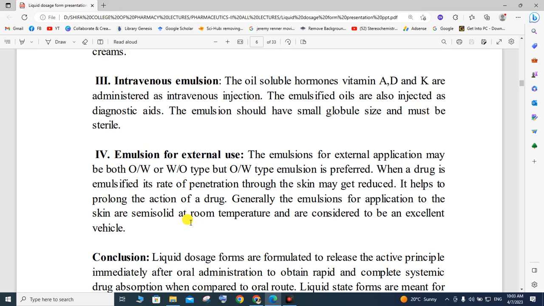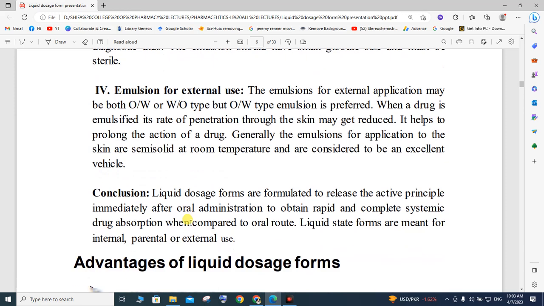So it helps to prolong the action of the drugs, meaning the drug action will be for a longer period of time. Generally the emulsion for application to the skin is semi-solid at room temperature and is considered to be an excellent vehicle.